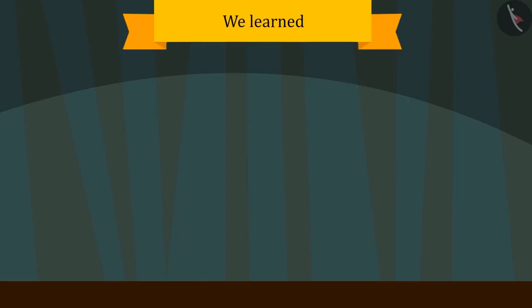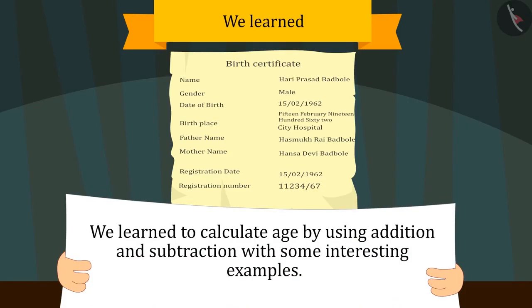Kids, in this video, we learned to calculate age by using addition and subtraction with some interesting examples. In the next video, we will see some common mistakes related to it.